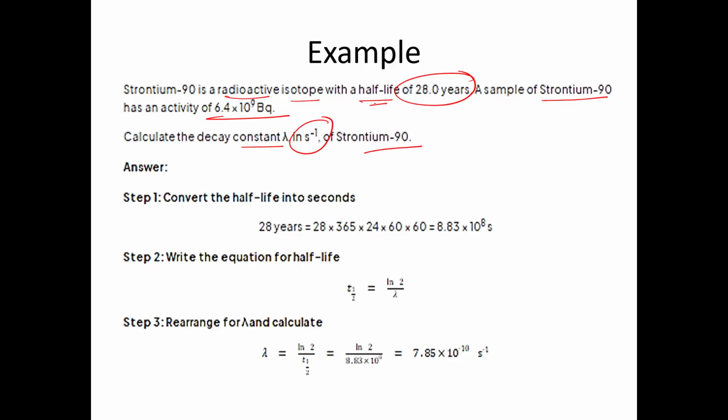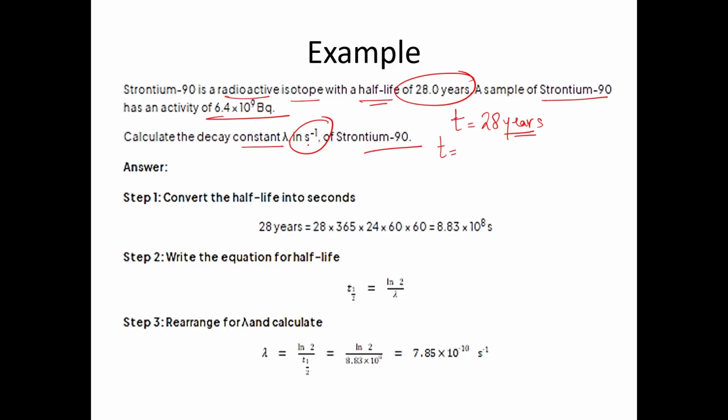A half life is provided to you. So we are given a time, and that time is equal to 28 years. If the time is given as 28 years, first of all you are going to convert the time into seconds. Why will you convert into seconds?